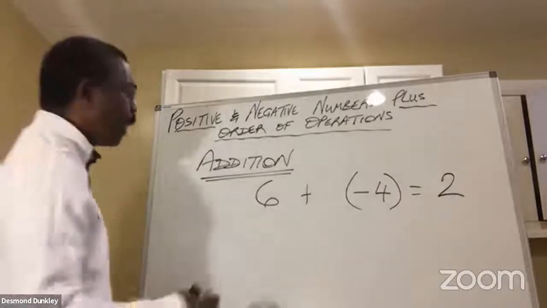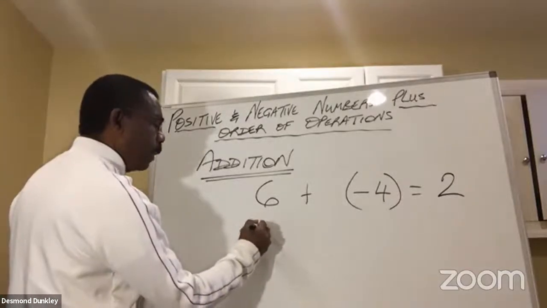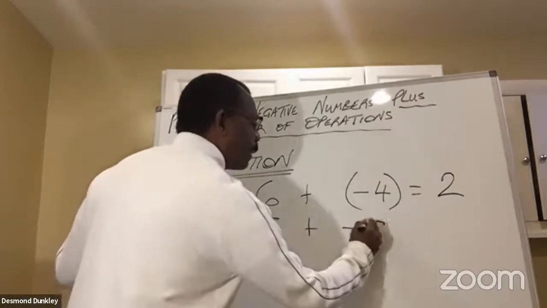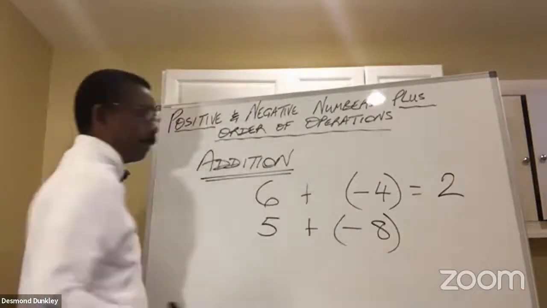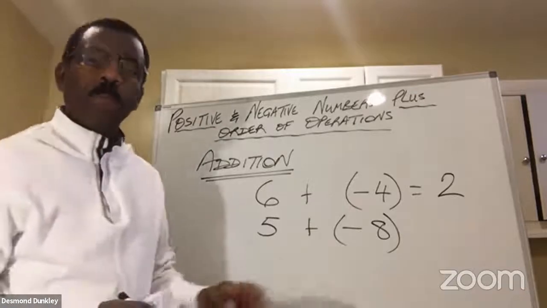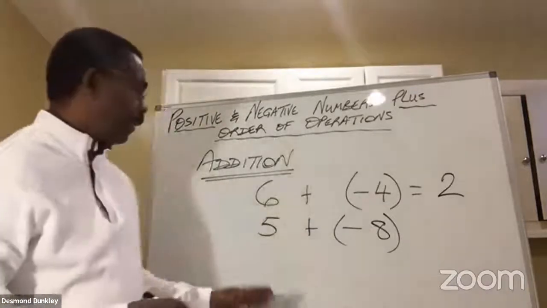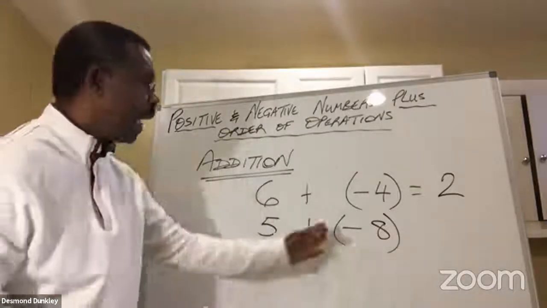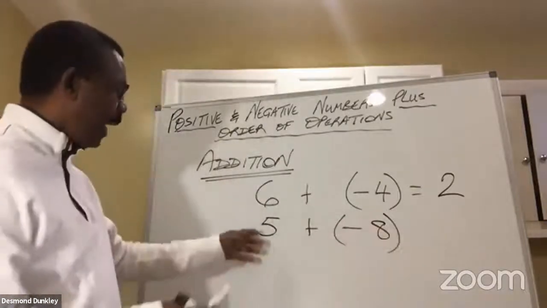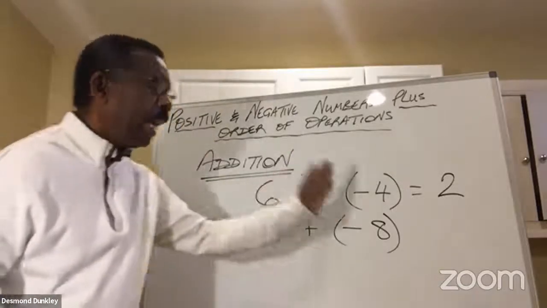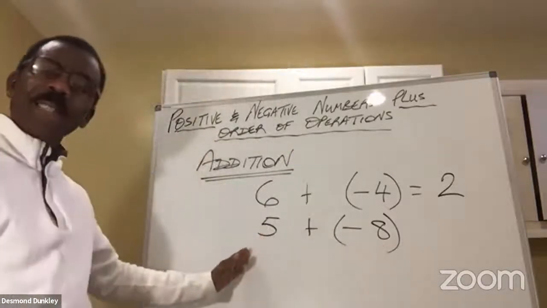Let's flip the switch and see what happens. Suppose I gave you, say, 5 plus negative 8. It's always a good practice to separate your signs so it's not confusing. So now in this case, we have more negatives than positives. And here we understand that every negative cancels a positive.